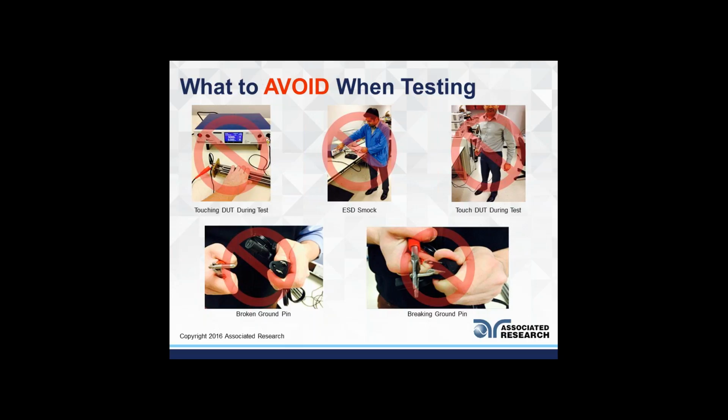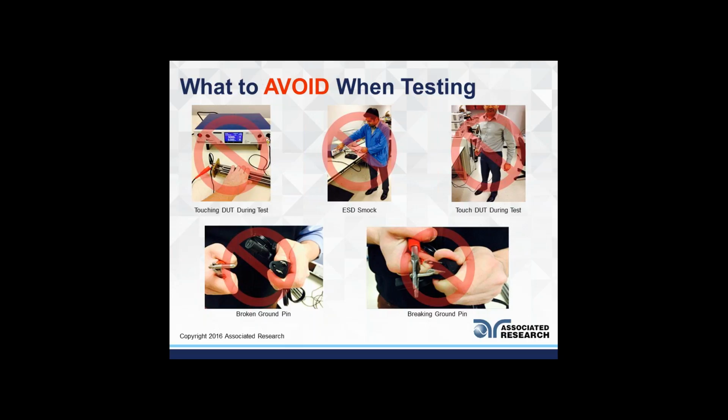You could also find equipment that has a broken ground pin. If the person looking at it doesn't understand it, it could be a big potential shock hazard, because the ground pin is meant to divert all the fault current to ground.